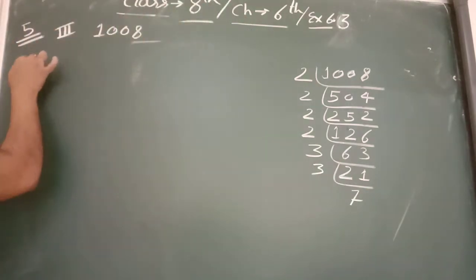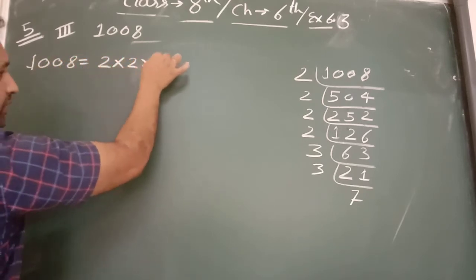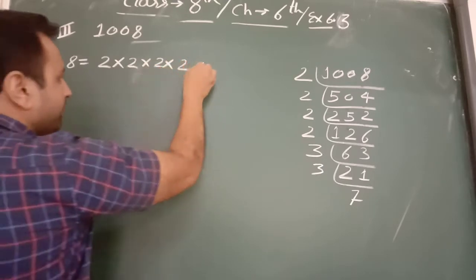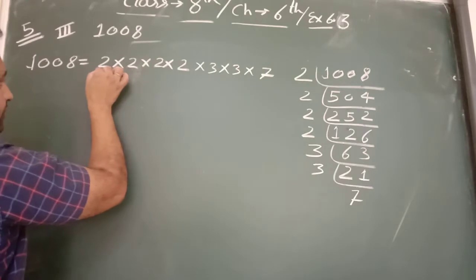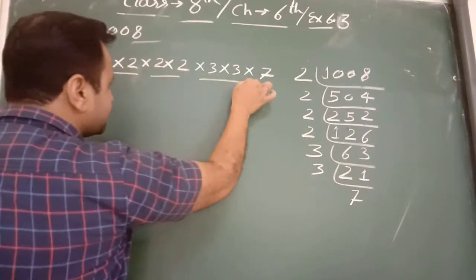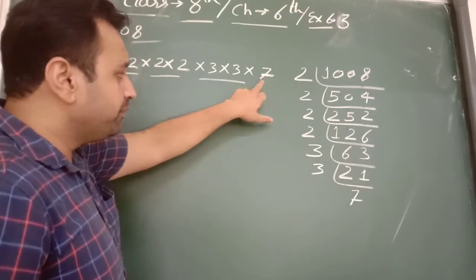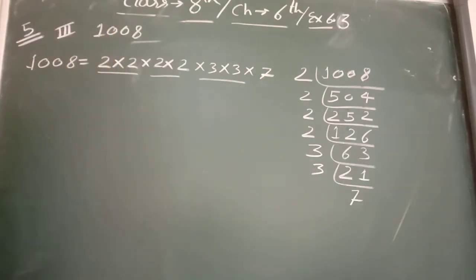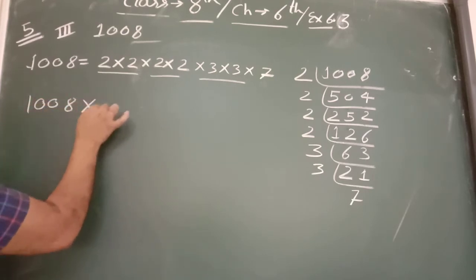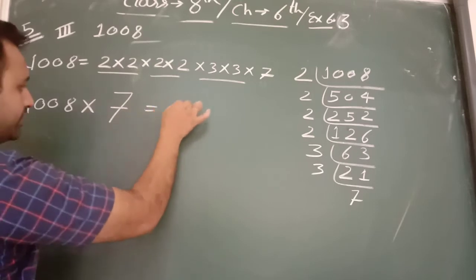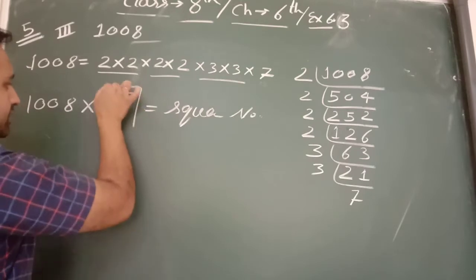So the prime factors of 1008 are 2 multiply 2 multiply 2 multiply 2 multiply 3 multiply 3 multiply 7, in which we complete the pairs of same numbers, but 7 is unpaired. So to complete the pair we multiply by 7. So it is our first answer: 1008 multiplied by 7 becomes a square number.